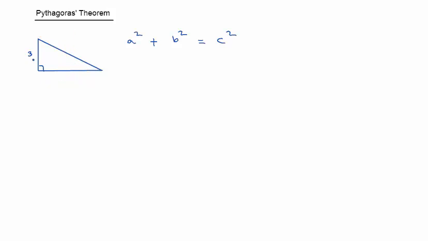However, we could have a right angle triangle with side lengths 3, 4 and 5. Remember, the hypotenuse always has to be the longest side in the triangle. Now 3 square is 9, 4 square is 16, and 9 plus 16 is 25, which is the same as 5 square. So this works.